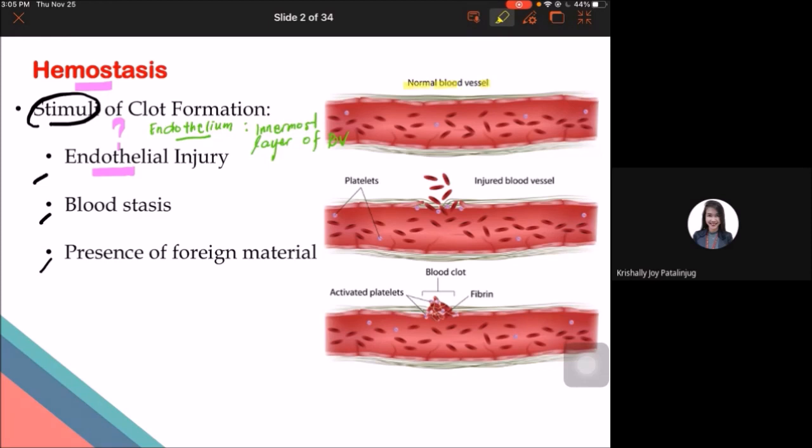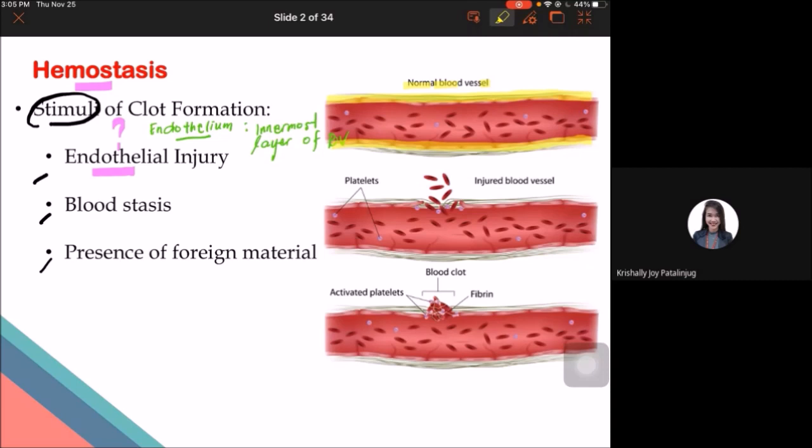And as you can see, what I am highlighting in yellow, suppose that is an endothelium. Since the endothelium is the innermost layer ng blood vessel, it is the part of the vessel that has direct contact sa blood. Kay innermost man siya nga layer, so siya ang may direct contact with the blood.